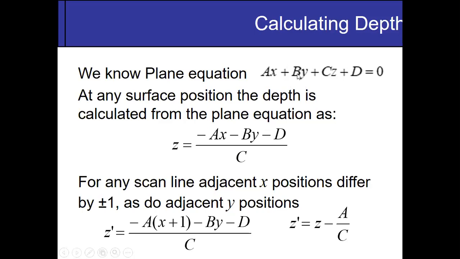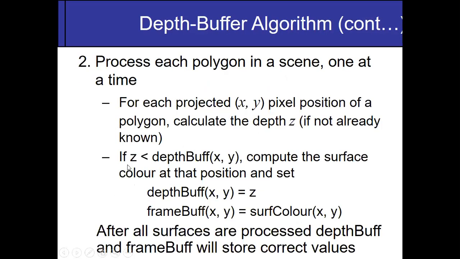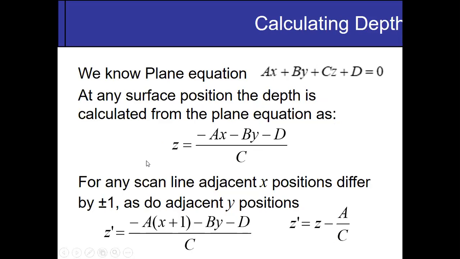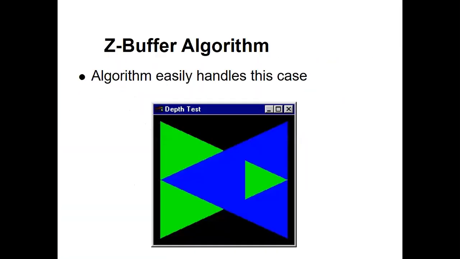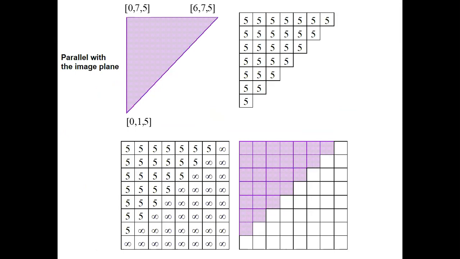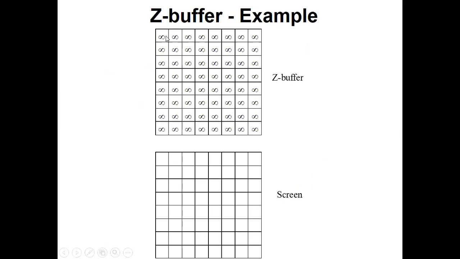So it is minus ax, minus by, minus d, and z's coefficient is c, so that will be divided. So this is your z. That means, how do you calculate this z? From the plane equation, put everything on that side, this is your z. Now I told you in this, once you fill your frame buffer, it was infinity here. The top row, first column, first cell was infinity.